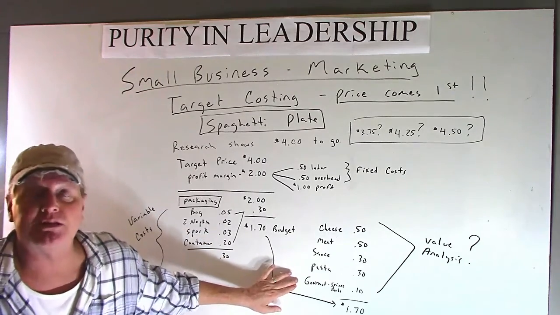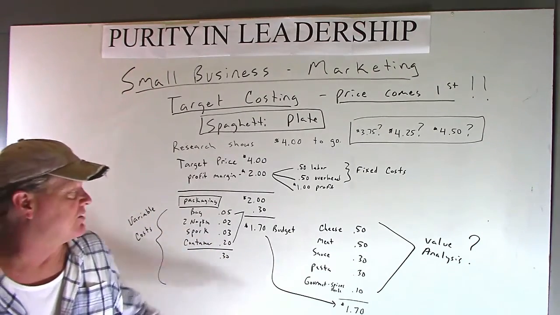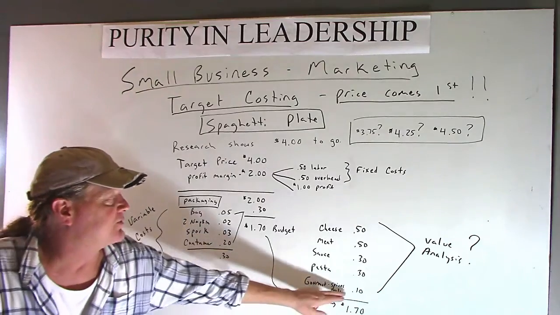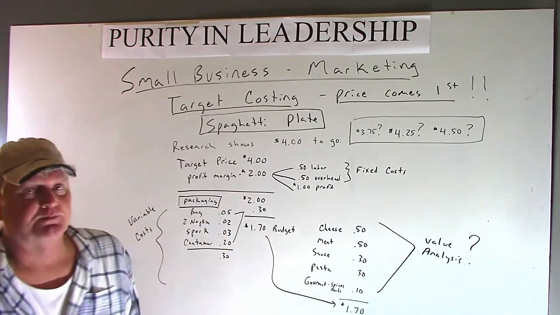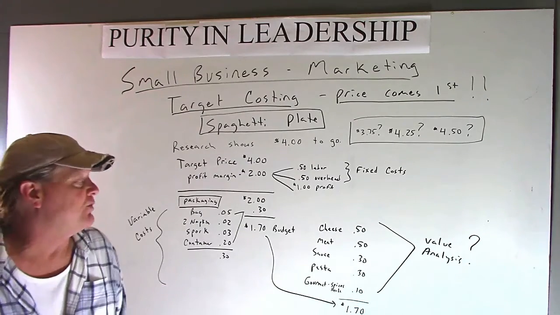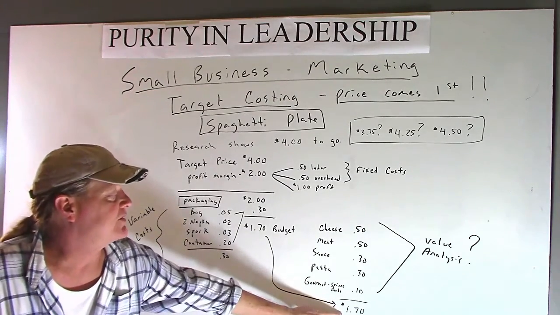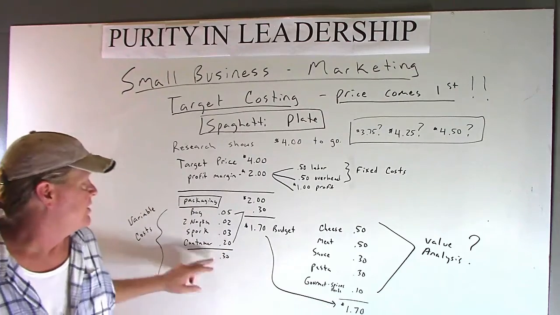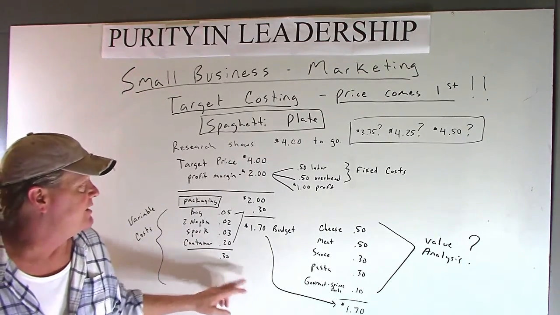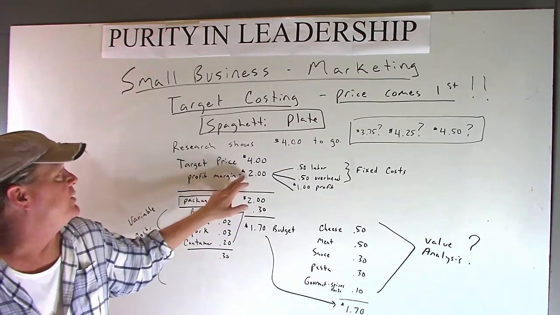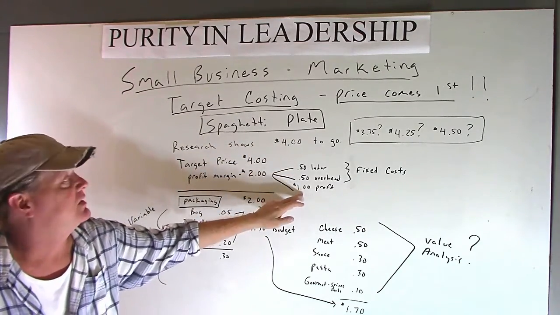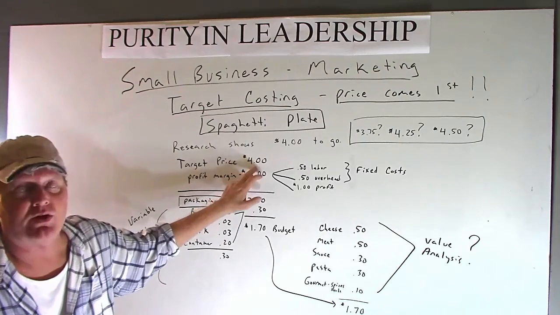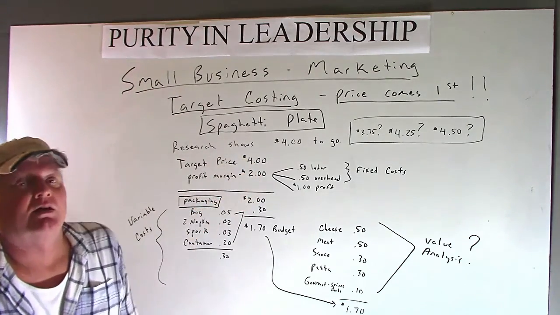And maybe some gourmet spices and herbs, garlic, whatnot, for 10 cents, which gives us a total of $1.70. So, if we work in reverse, we have $1.70 worth of food, 30 cents worth of packaging, that equals $2, and then we get $2 to spend on labor, overhead, and profit, which gives us a total price of $4.